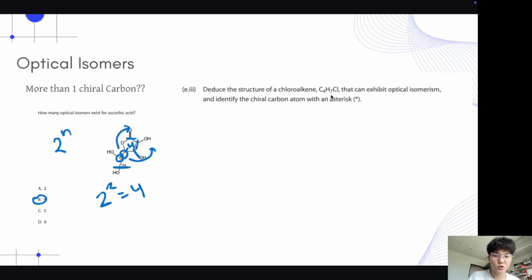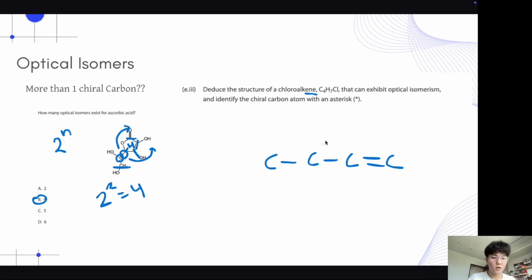Okay, now for this one. We gotta make an isomer structure for this that exhibits optical isomerism. So remember, we must have a chiral carbon. Okay, so let's draw out our spine. Remember, ene is double bond. So instead of putting it here, which would eliminate these two, let's put it here. So it would only eliminate these two, because edge carbons are less likely to be chiral carbons, because there's a high likely chance that they have repeating H's.